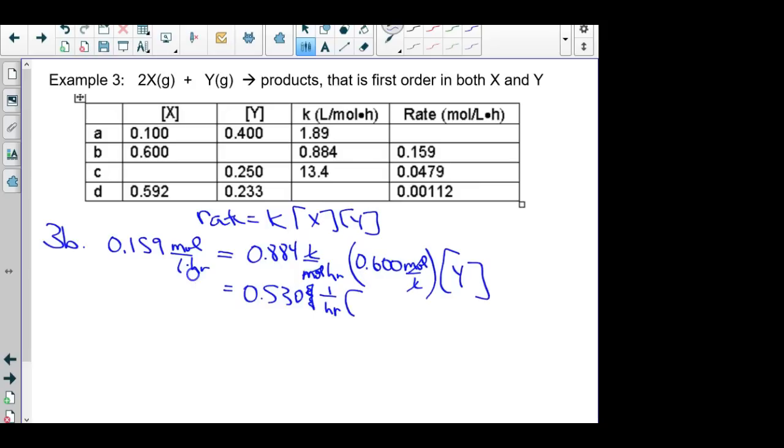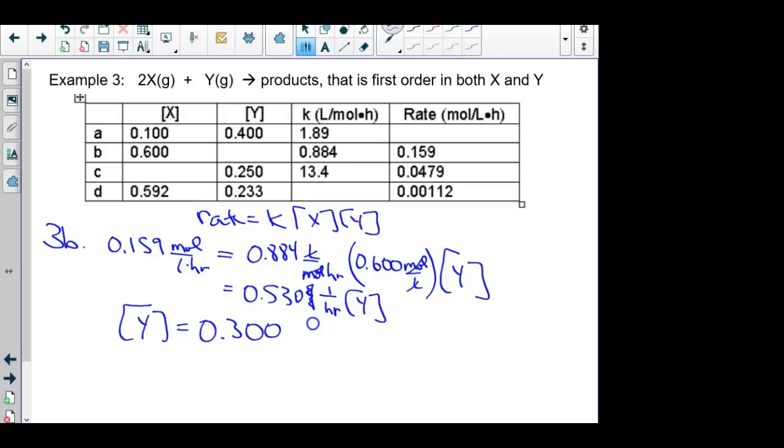And then I still have my times Y. Now to solve for Y, it's being multiplied. Okay, 0.530 inverse hours is being multiplied by Y. To get Y by itself, I need to divide both sides by 0.530. So 0.159 divided by 0.530 tells me that Y is equal to 0.300.